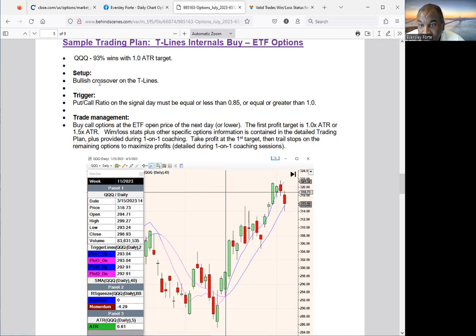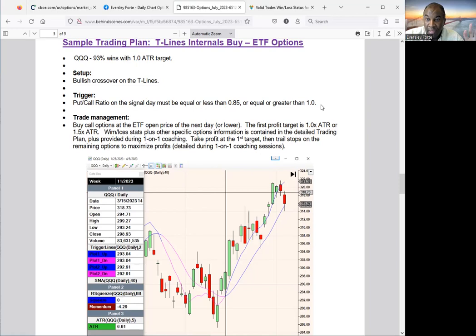All right. And it's going to be a bullish cross on the T lines. I'll have the image here and I'll switch to the live charts. And then using terminology from Jake Bernstein, it's setup, trigger, trade management. The setup is look for a bullish cross on the T lines. The put call ratio on that particular day has to be equal or less than 0.85 or equal or greater than 1.0.